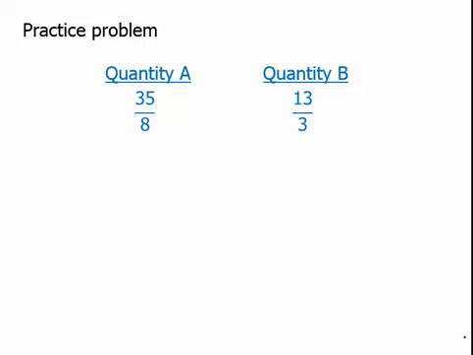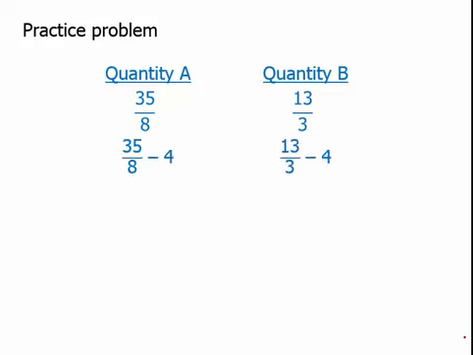And 13 divided by 3, that's also 4 and some sort of remainder. In other words, 4 equals 32 divided by 8, or 12 divided by 3. So both of those are reasonably close to what we have here.